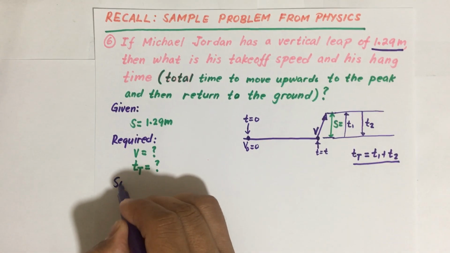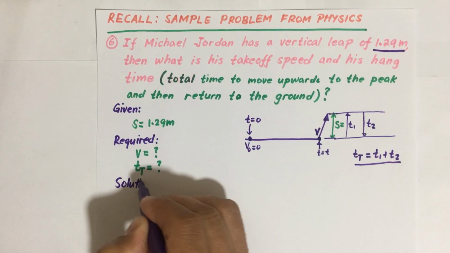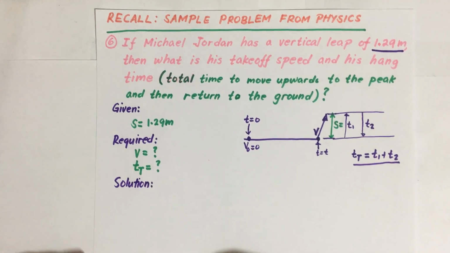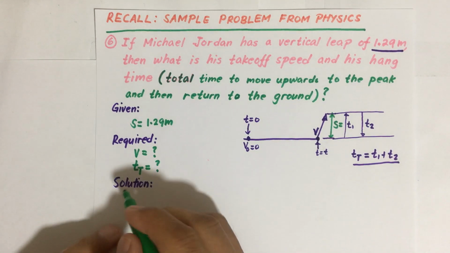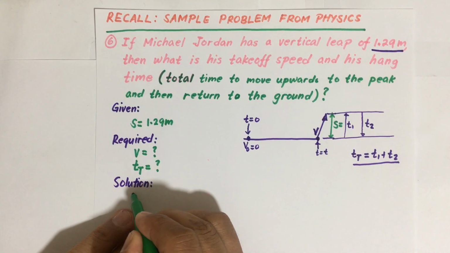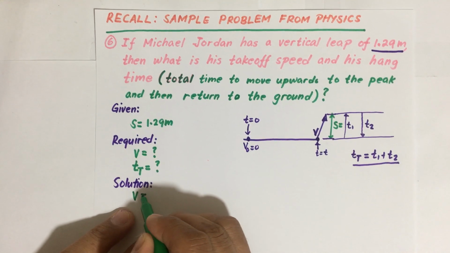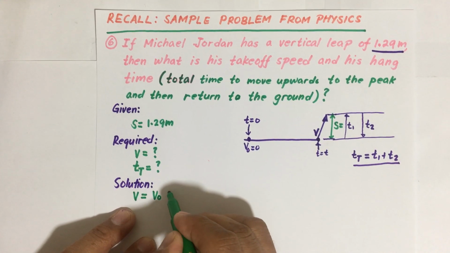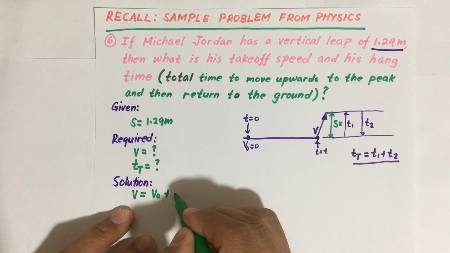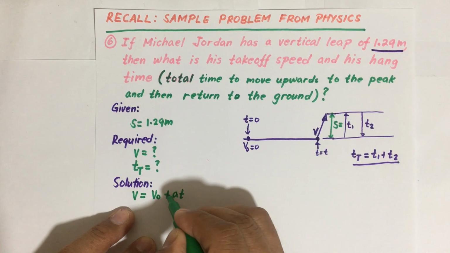For our solution, what formula shall we use? Write down first the formulas. We have final velocity is equal to the initial velocity plus acceleration times time.